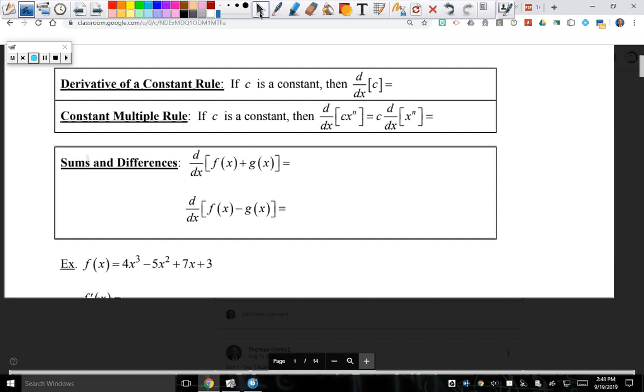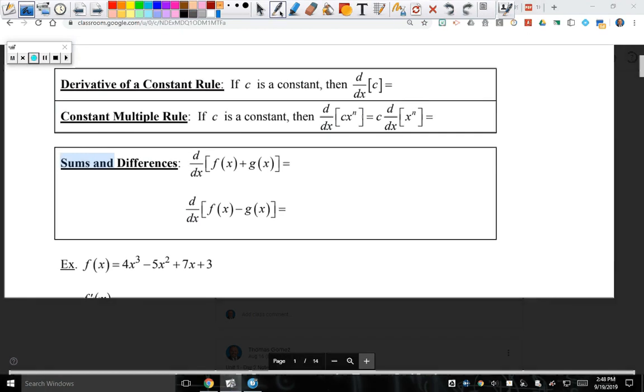Alright, here we go. So let's move on to some more rules, because this entire unit is rules of differentiation. And all these shortcuts are going to come your way. Okay? Derivative of a constant. You said it. The derivative of any constant is 0. It will always be 0. Okay?